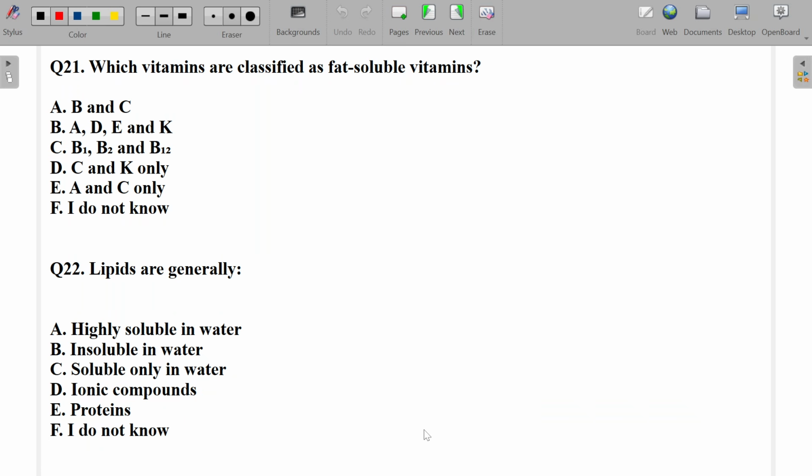So question 21. Question 21 says which vitamins are classified as fat soluble vitamins? A, B and C. B, A, D, E and K. C, B1, B2 and B12. D, C and K only. E, A and C only. F, I do not know.